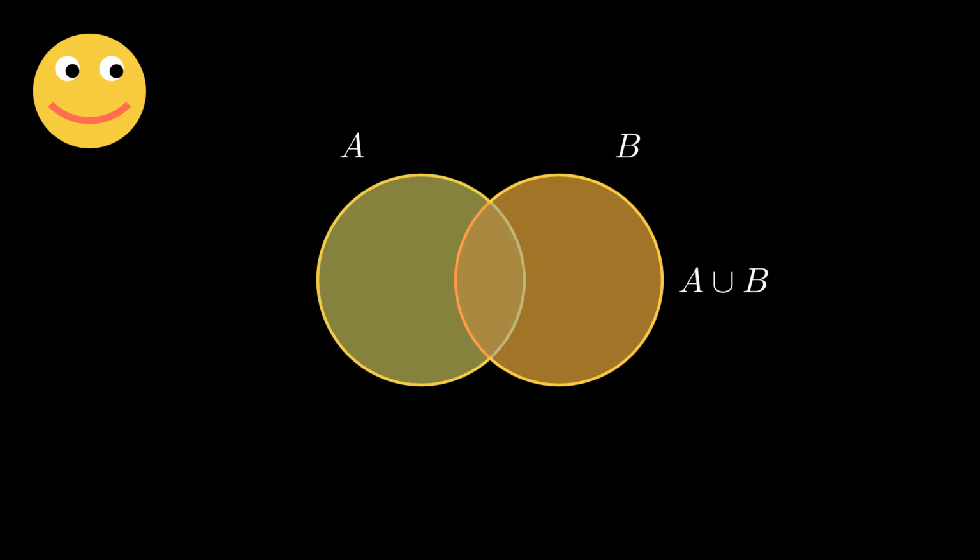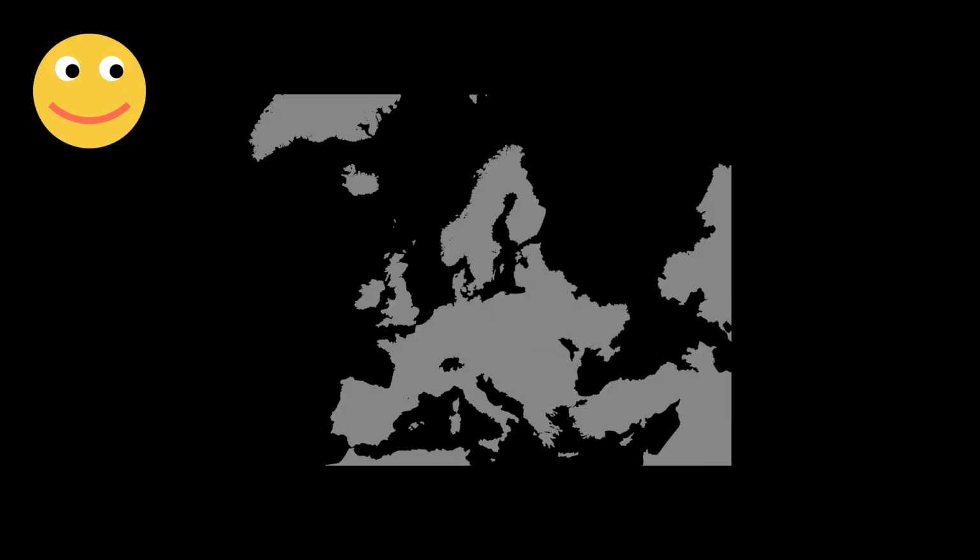The union means that we combine all the elements of 2 sets into a common set, regardless of which original set they belong to. The union therefore includes all the elements that are in at least one of the sets. For example, the name European Union was chosen for a reason. Think of the individual countries as separate sets.